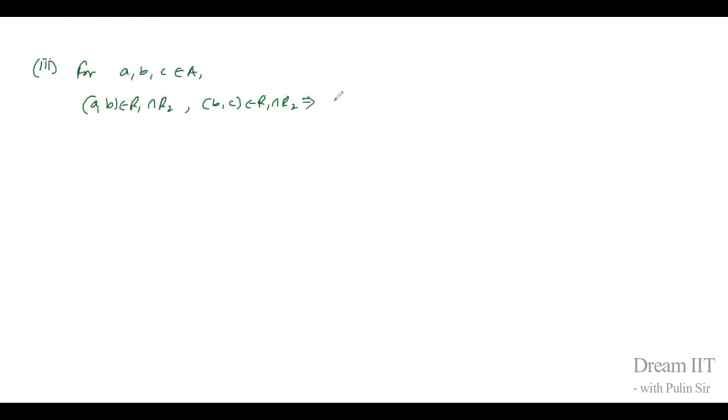Very well, you can do it. From here, what can I write? AB belongs to R1 and AB belongs to R2, and BC belongs to R1 and BC belongs to R2.